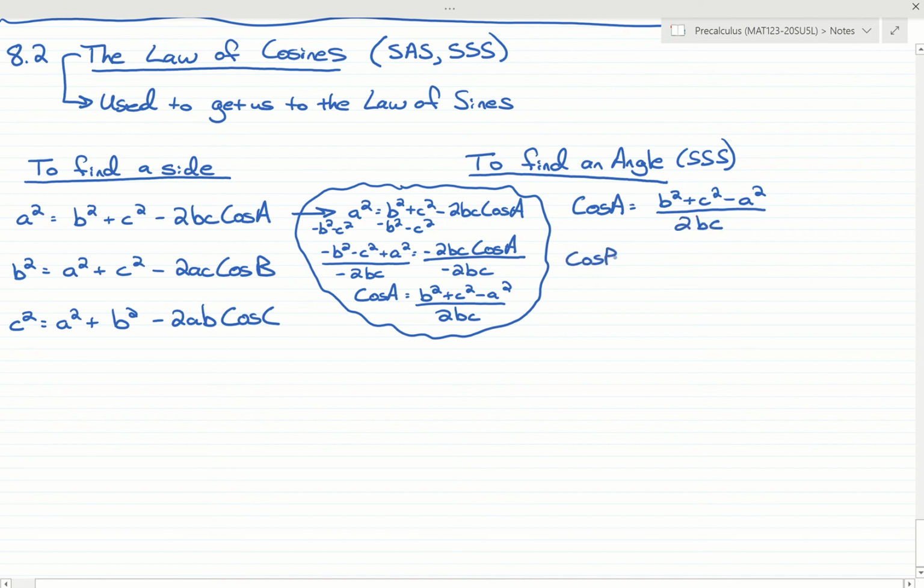Similarly, the cosine of B is equal to a squared plus c squared minus b squared over 2ac, and then the cosine of C would equal a squared plus b squared minus c squared over 2ab.